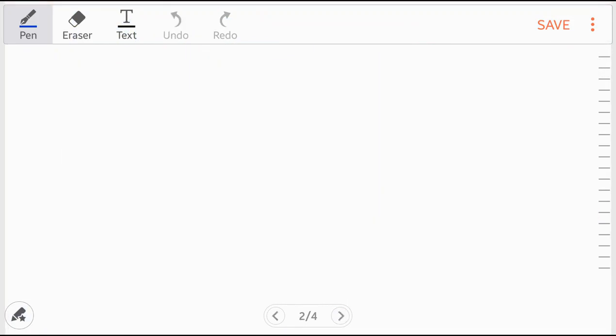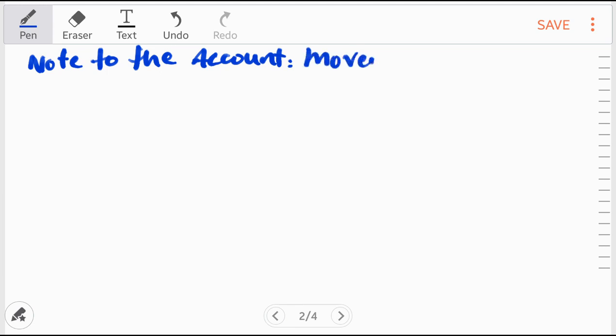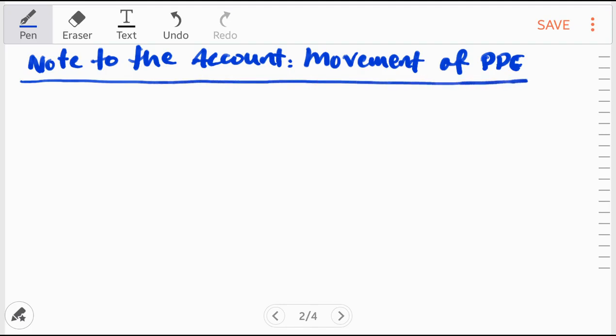Next, we move on to the preparation of the notes, which is the notes to the account, and this is the notes on movement of PPE. Our movement of PPE here is for 30th of September 2019.